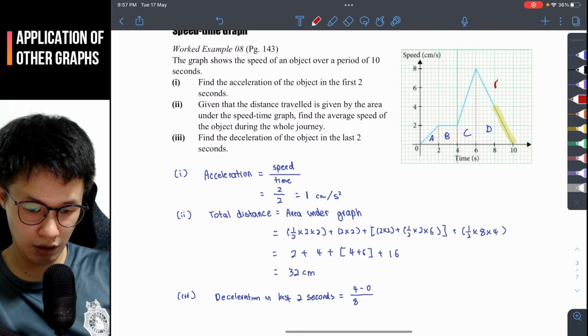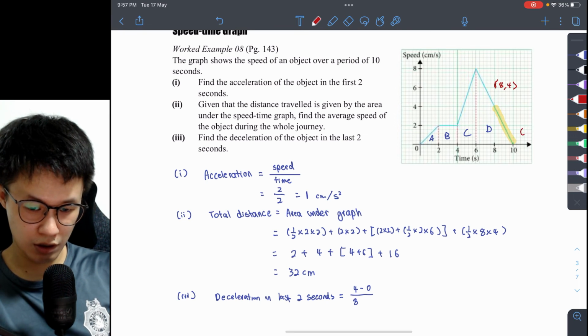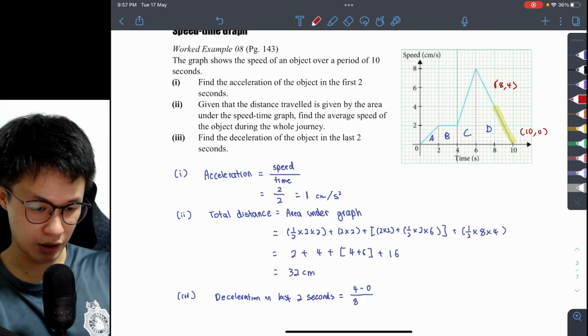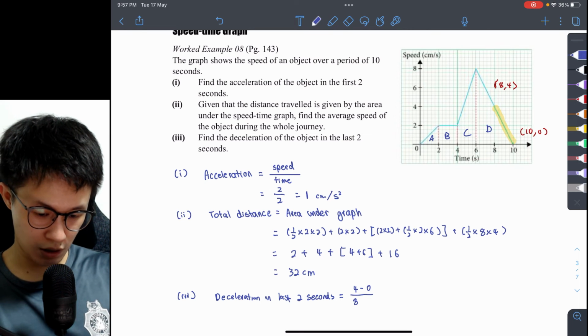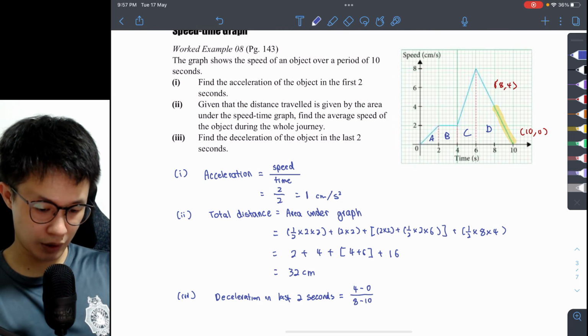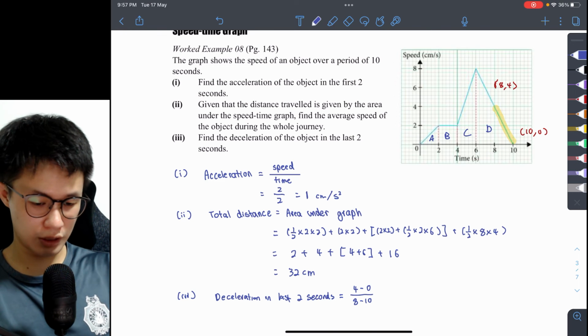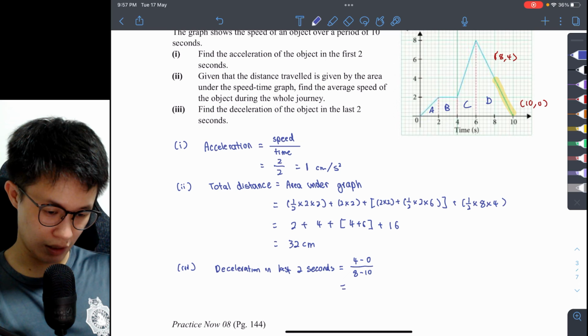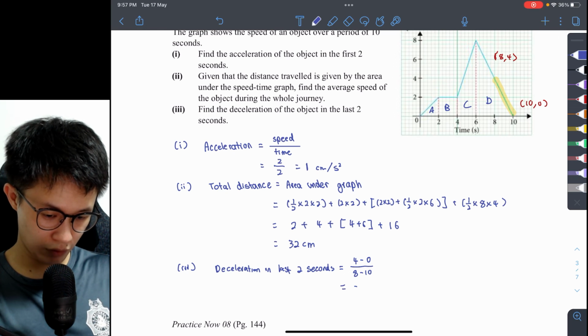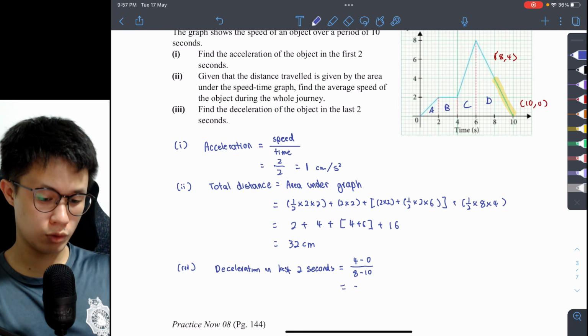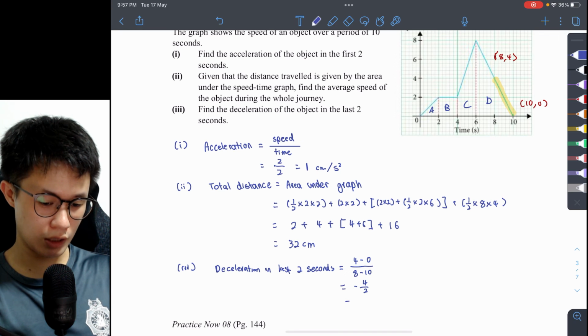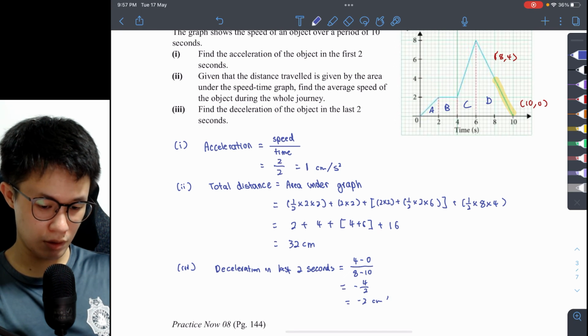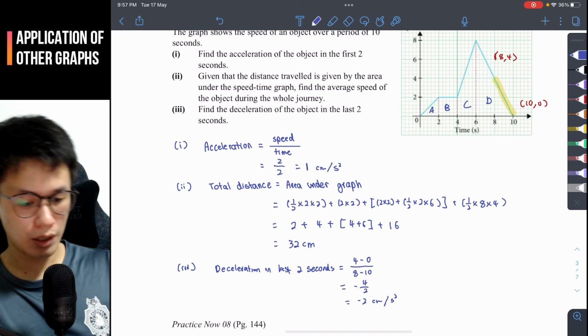This is 8, 4 and this is 10, 0. In this case you are going to get a negative value, but it's actually correct. You will get negative 4 over 2, so negative 2 cm per second squared.